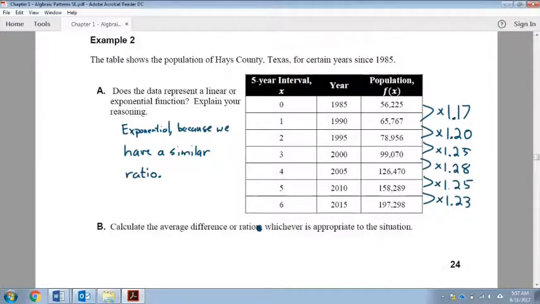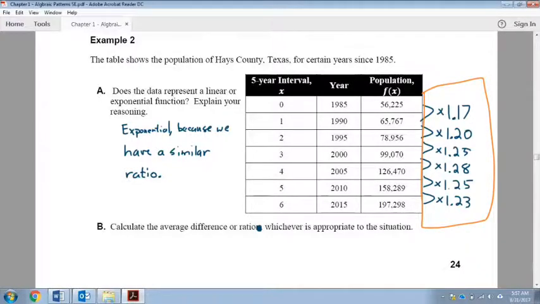So add up all of these. Add up all those and divide by 6, because there are 6 of them. So 1.17 plus 1.2 plus 1.25 plus 1.28 plus 1.23.